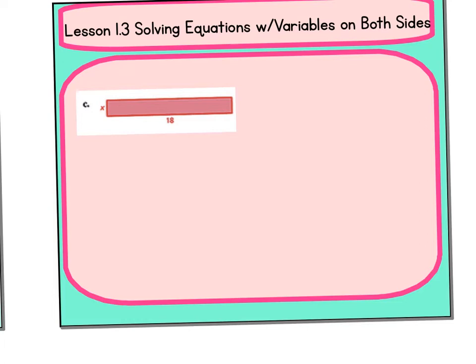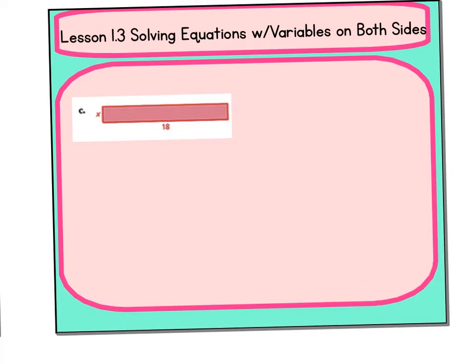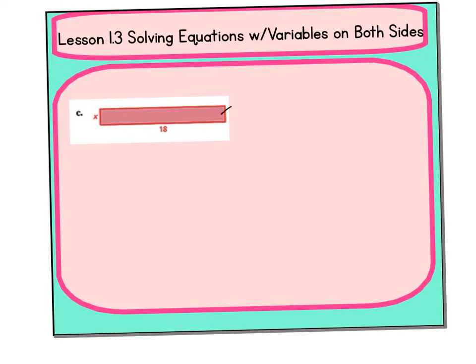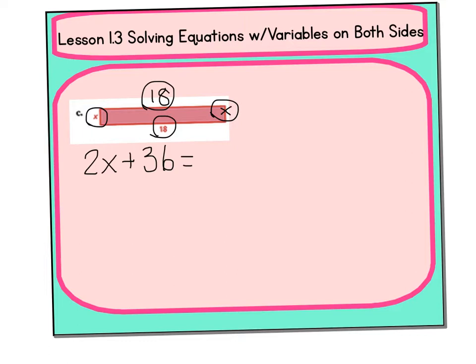On the next one, I'm going to label all of my sides. The perimeter is x plus x, which is 2x, plus, and then 18 plus 18 gives me 36, and that is going to equal my length times my width, which is 18 times x, or 18x.